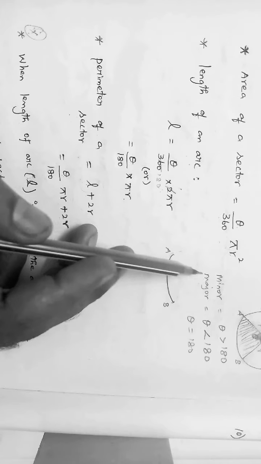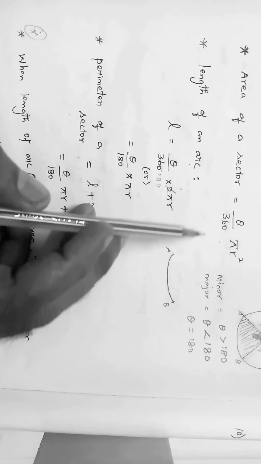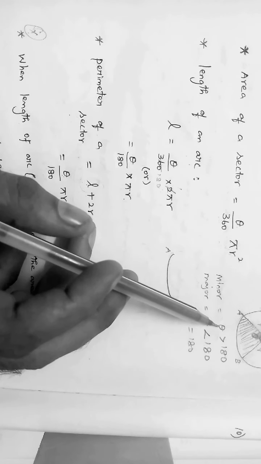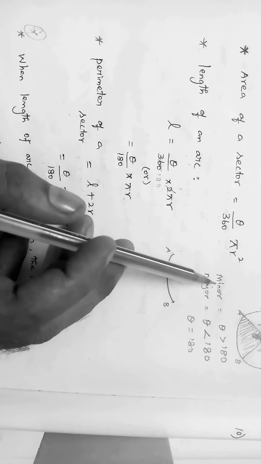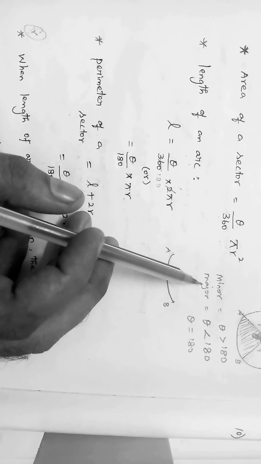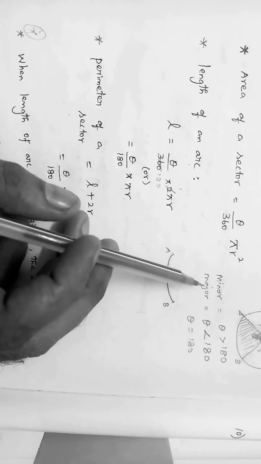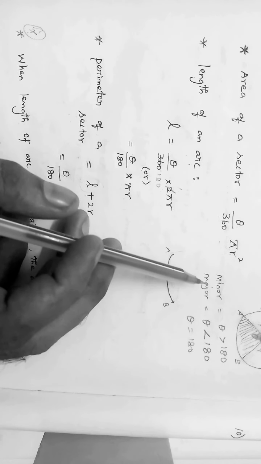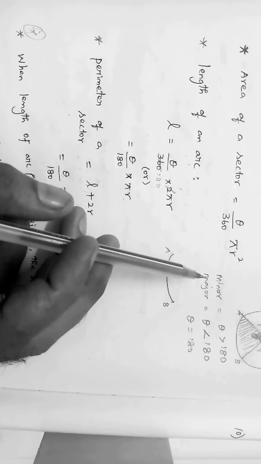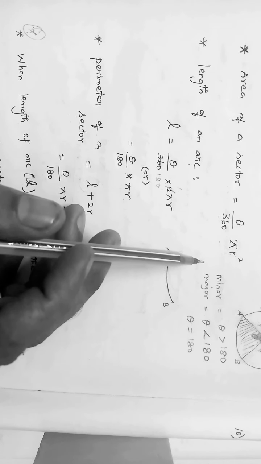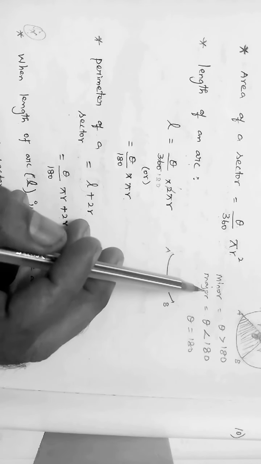There is minor sector and major sector. Same formula for minor sector and major sector. Depending upon the theta, we consider whether it is minor or major. Suppose they give only the angle, theta is equal to 45 degrees, and they ask you to find the area of the major sector. How will we find it? First we want to find the angle for the major sector.